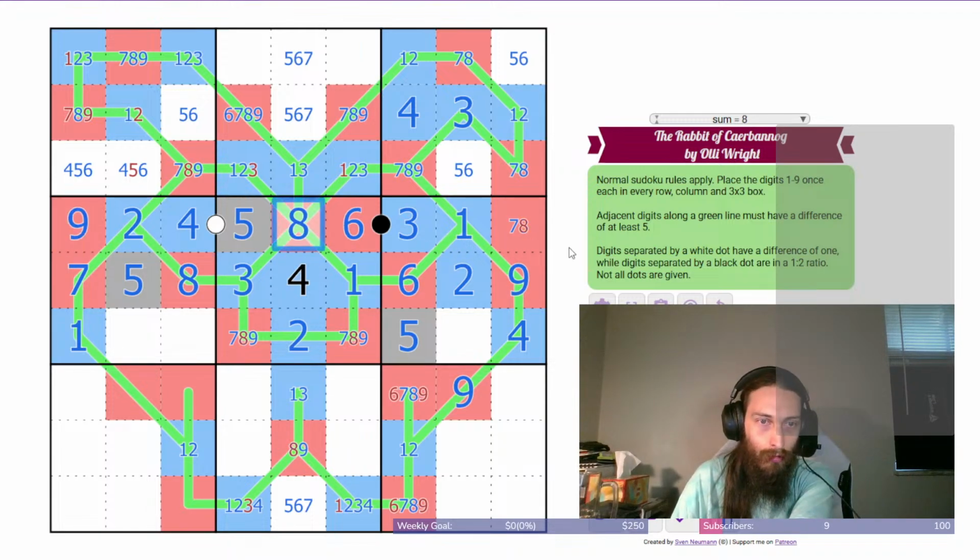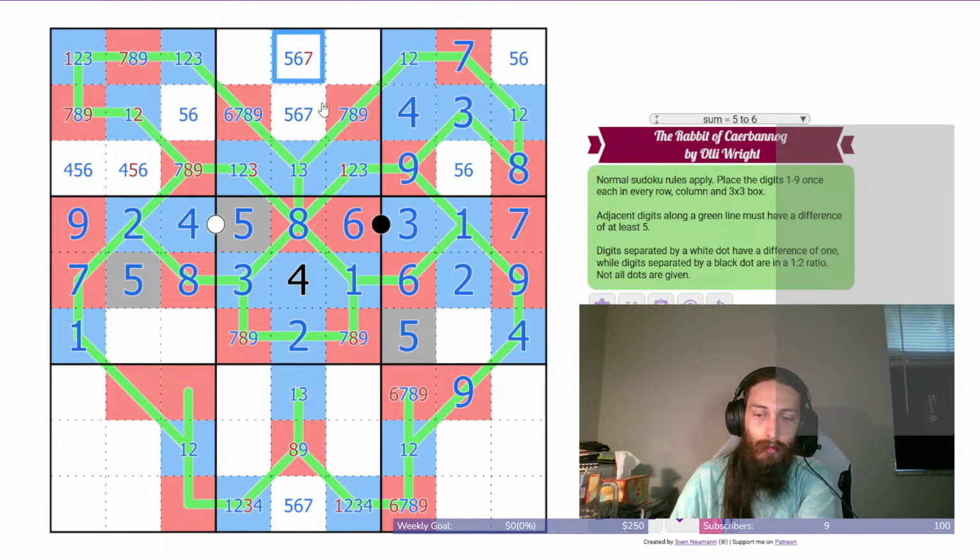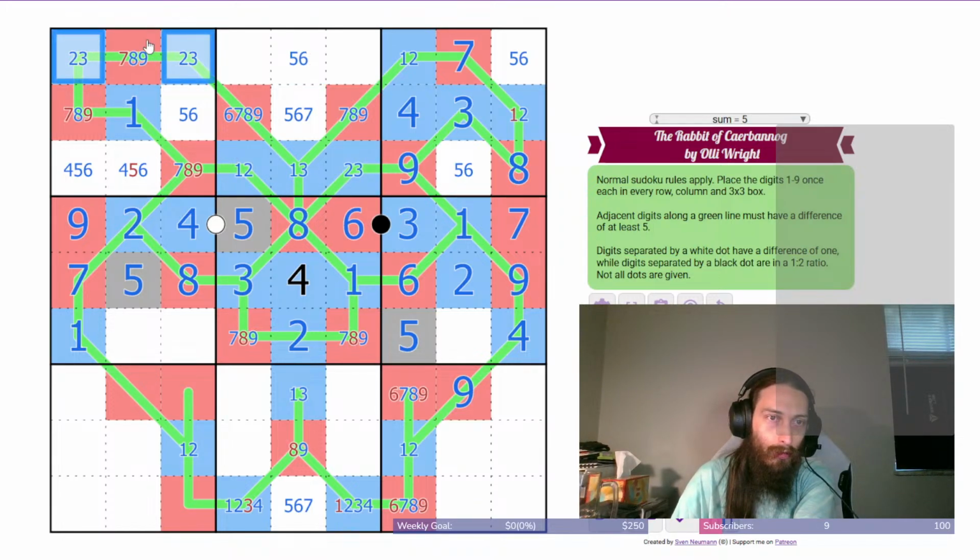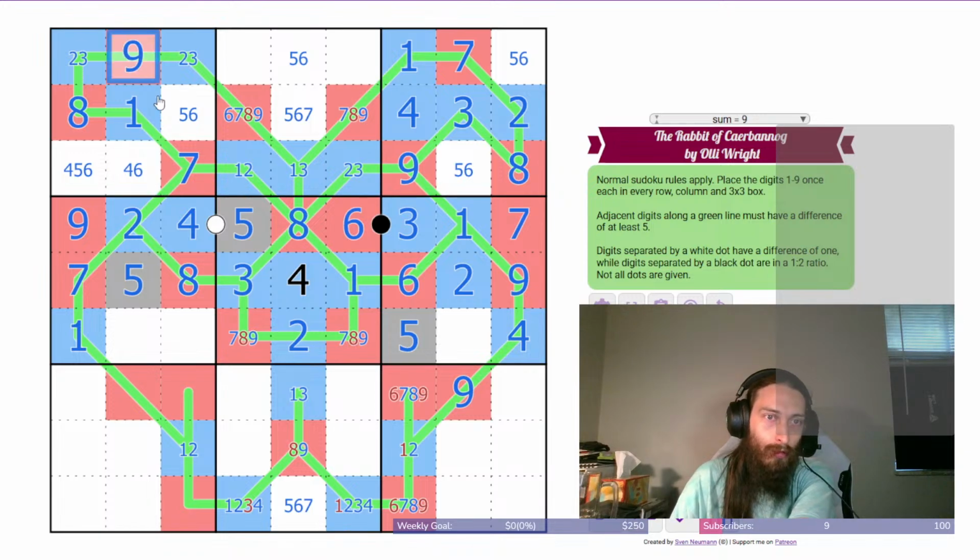9. 8, 7, 8, 7, 9. Not a 7, not a 1, not a 3. Not 1s. 2, 3 pair makes that a 1. Not a 7, 8, 7. Not a 5. 9. Neither of those are 8s.